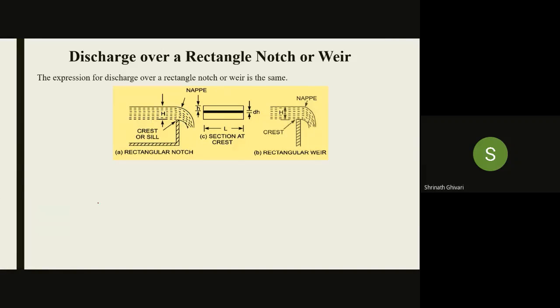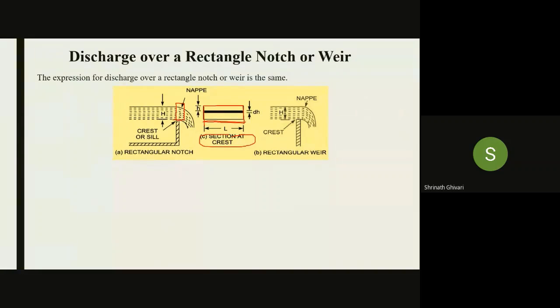That is falling in the shape of a rectangle. You can see here, it is falling in the shape of a rectangle. Now you can see that this is a cross section at L, the cross section at the crest. If you are seeing it from the side view, this is the cross section at the crest.